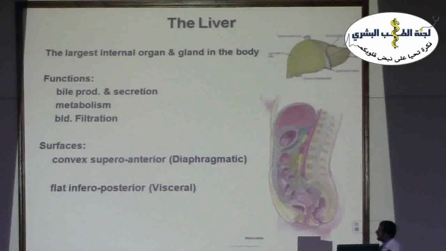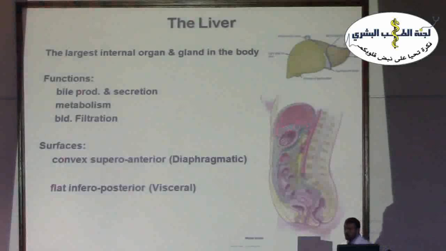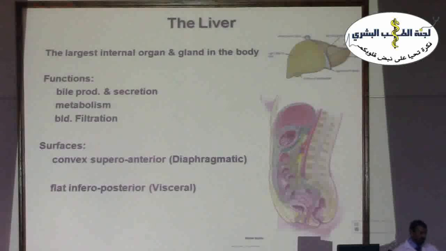The second surface of the liver is located inferior and posterior, and this is flat or more or less irregular in shape. It should be flat, but it becomes irregular. When I say irregular, there are depressions and elevations on it. These depressions, we call them impressions, happen because of organs in close contact with the liver, like the stomach, the right colic flexure, and the right kidney.